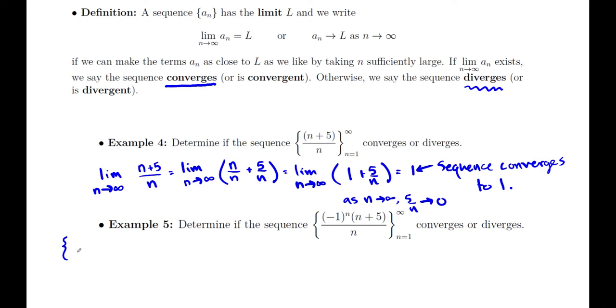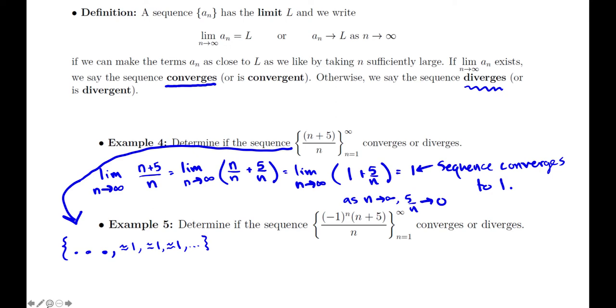For that sequence to converge to 1, after a while, you start to get things like this: dot, dot, dot, something that's close to 1, something that's close to 1, something that's close to 1. That's the idea of this thing converging to 1. So I should point down here to make it clear I'm talking about this sequence.